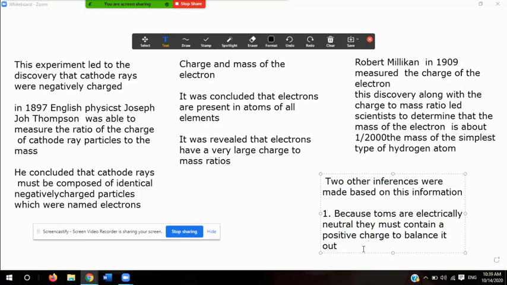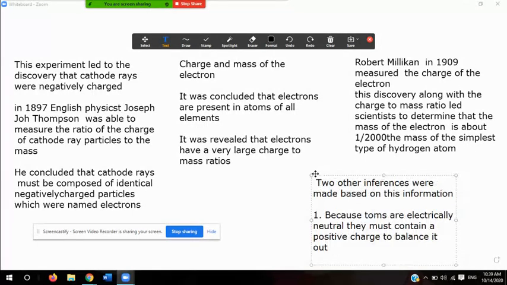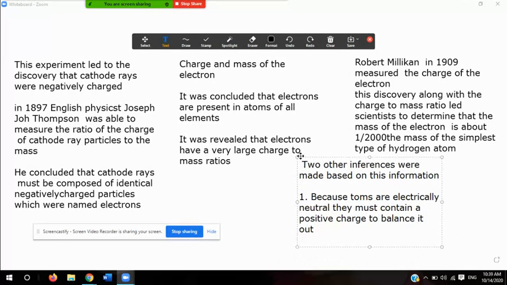And the second conclusion based on this was that because the electron was so small, they must contain other particles.